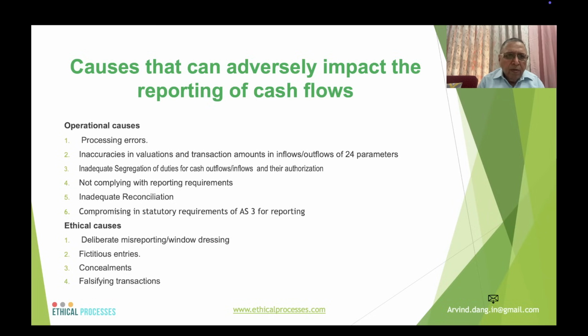Operational causes: processing errors, again caused by IT or system, inaccuracies in the valuation and transaction amounts of inflows and outflows of these 24 parameters, inadequate segregation of duties for cash outflows, cash inflows, and their authorization, particularly cash outflows, not complying with the reporting requirements, inadequate reconciliation, compromise on the statutory requirement of AS3 for reporting. Ethical causes are deliberate misreporting and window dressing, fictitious entries, concealments, and falsifying transactions.